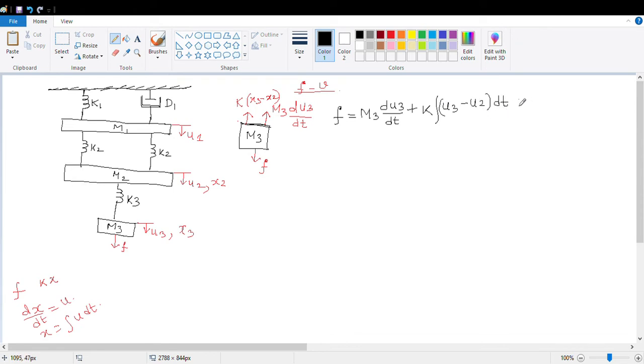Okay, so this is equation number 1. Next is m2. This is m3. So this is the first equation.